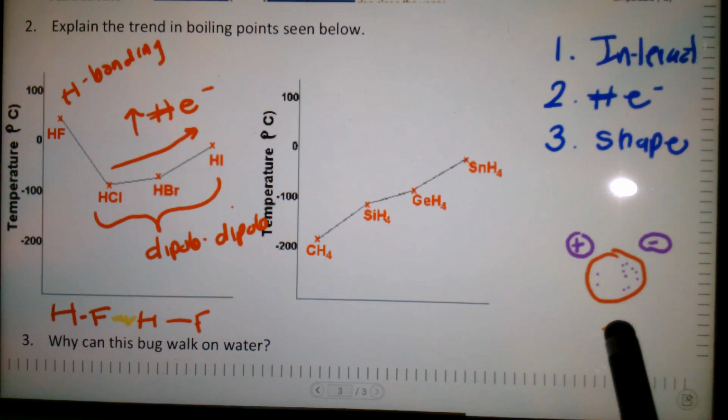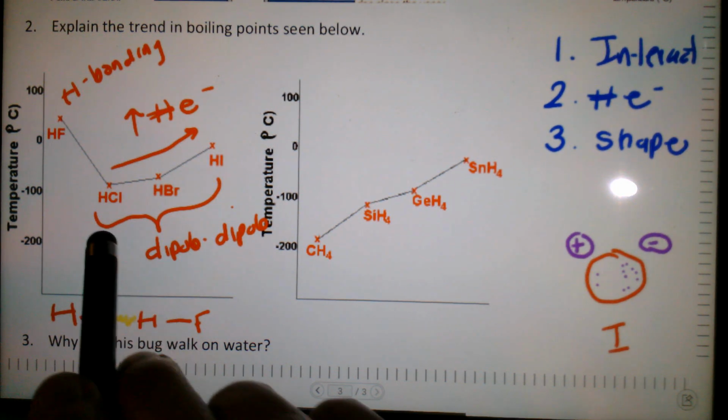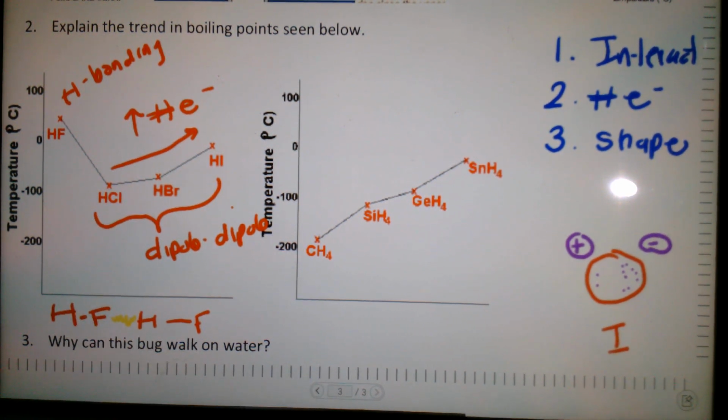Because there are so many electrons, it's easier to create that pole region where you might have a little bit more electrons on one side of the atom than the other. But with something like Cl, there aren't as many electrons, so the chances of getting a good uneven distribution are a lot lower.